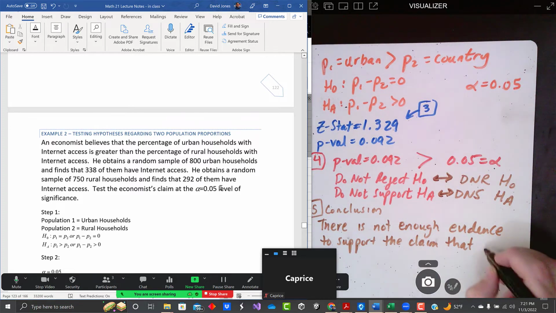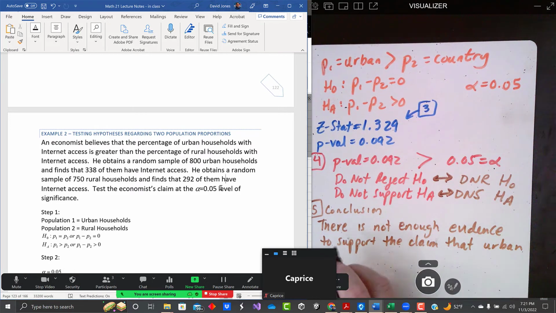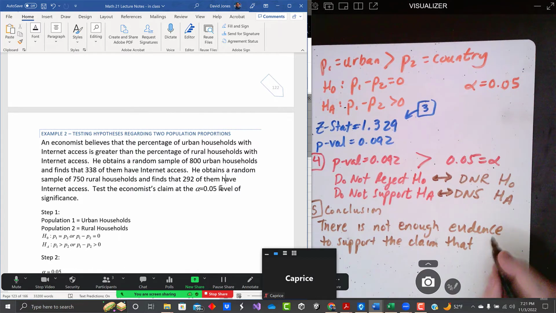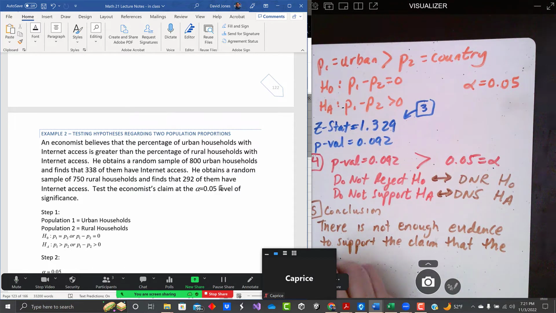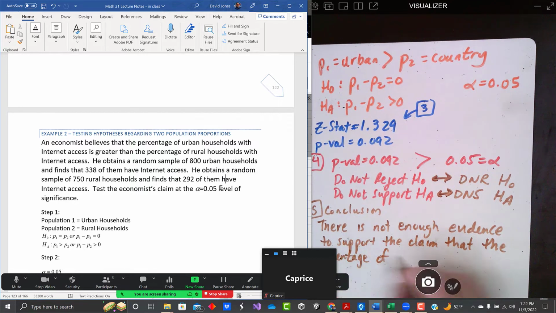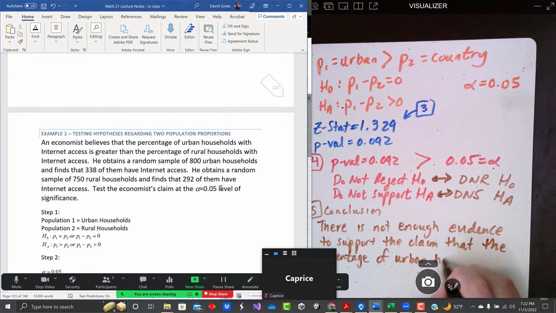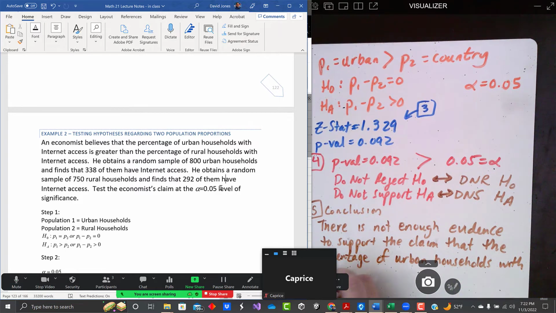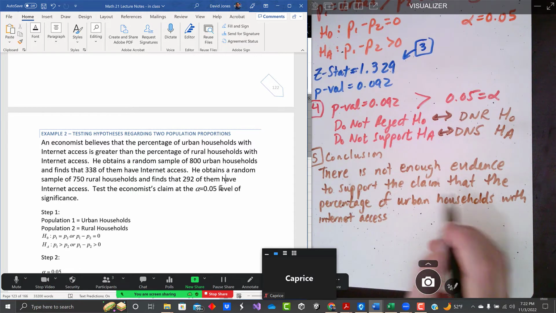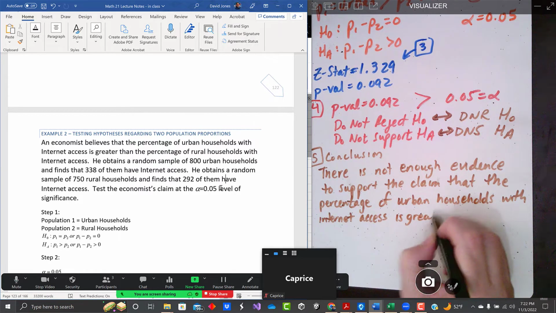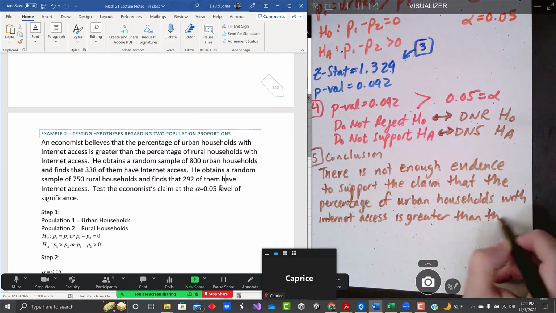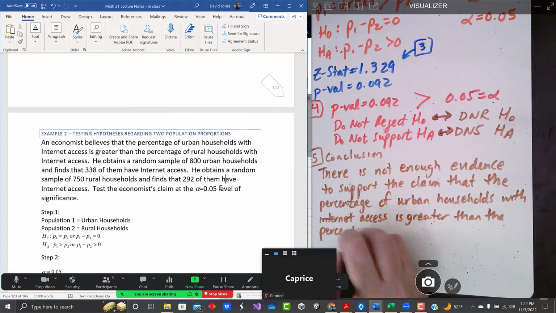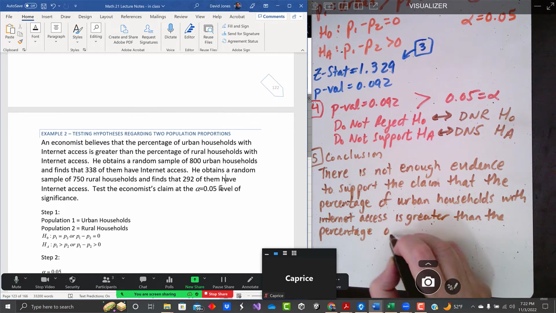That urban households, that the percentage of urban households with internet access is greater than the percentage of rural.